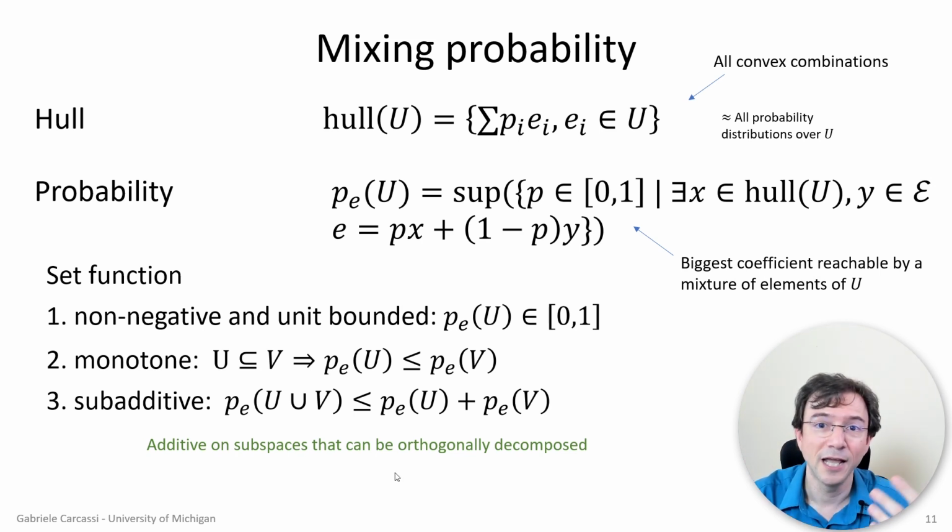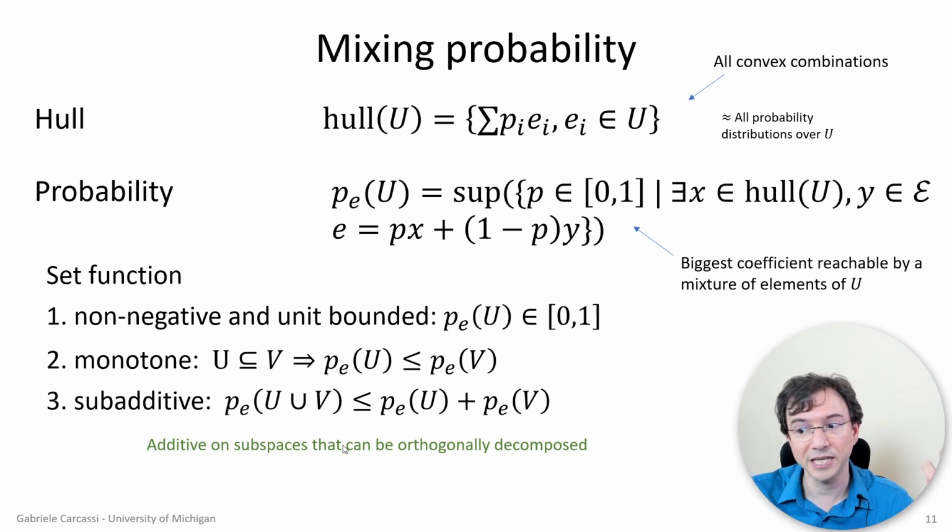And then what I'm not going to show you here, but the idea is that if you can take the space and decompose it into orthogonal subspaces, then you recover the additivity. This can always be done in classical mechanics, so you will find that this measure is additive and corresponds to the standard probability.